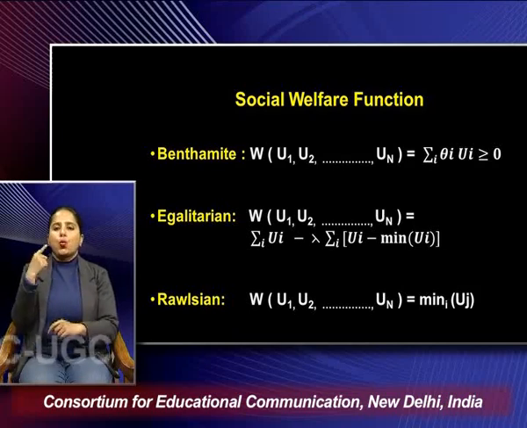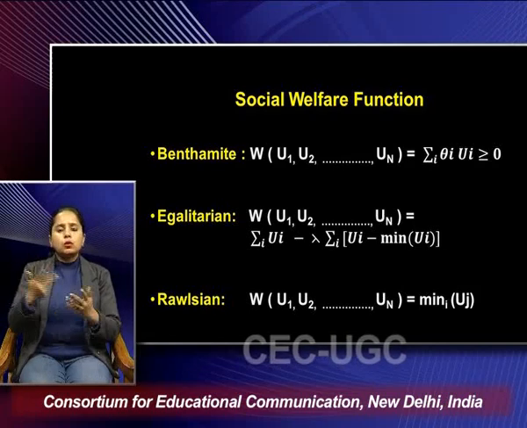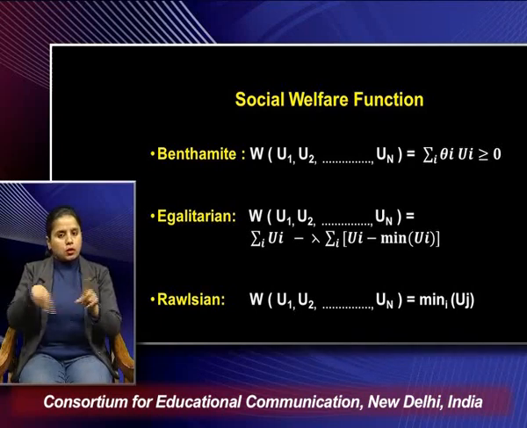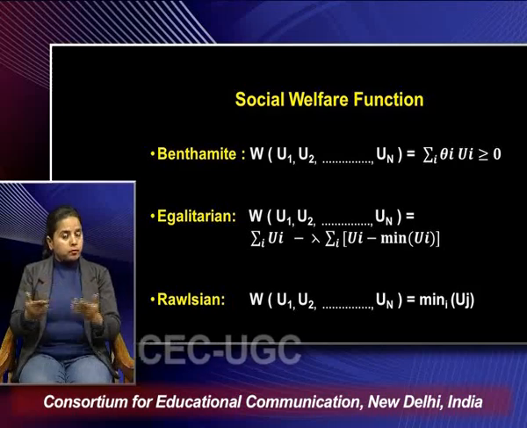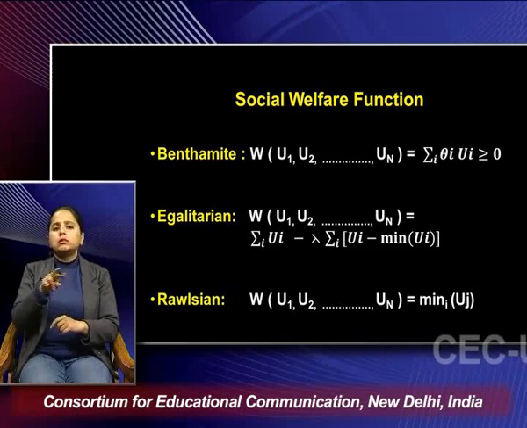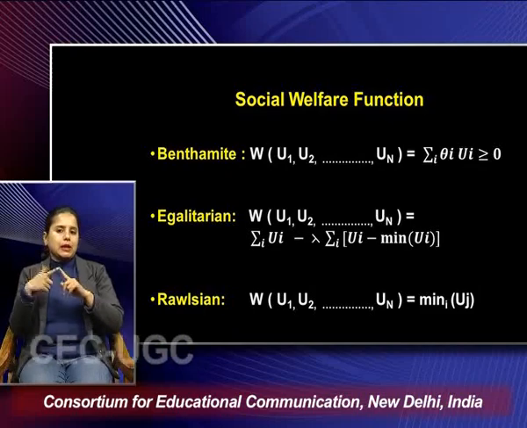So theta i is considered as weights given to the utilities. It's basically accumulation of all utilities. It is also considered as a utilitarian approach, where all the utilities of all the individuals are added.